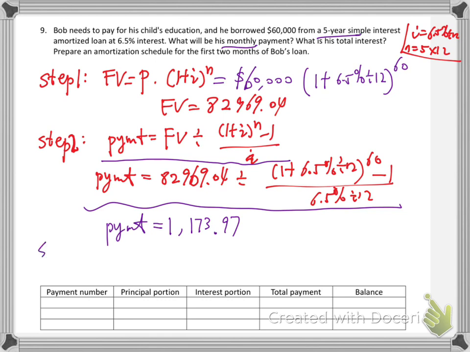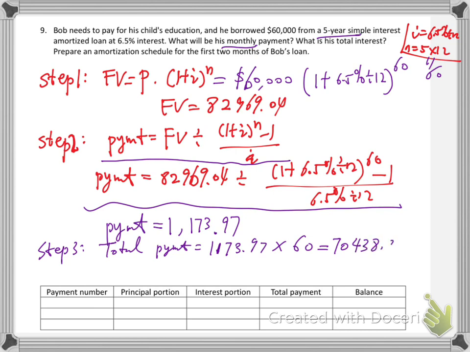So now step 3, we got the total payment and then total interest. We pay this for how many months? 60 months. So total payment is 1173.97 times 60, which is 70438.2.